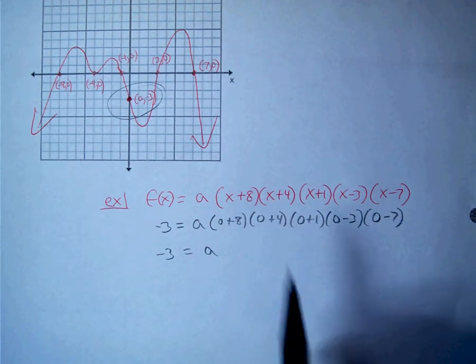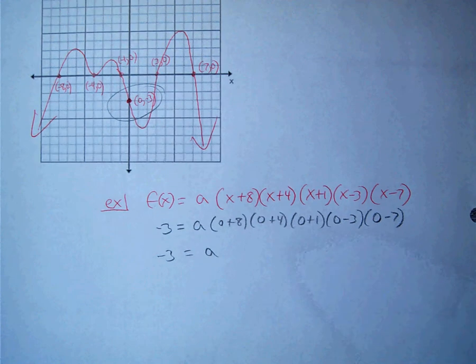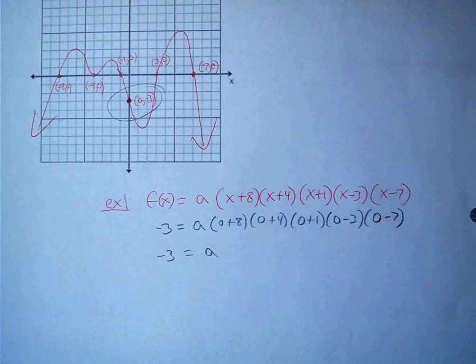Let's see. Yeah, I'll grab a calculator real quick. All right, got my trusty calculator here. We're going to end up multiplying 8 and 4 and 1 and -3 and -7, and I got 672.